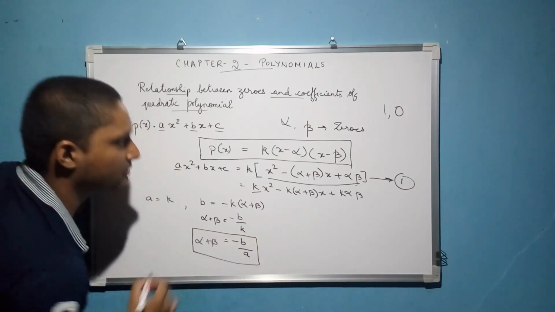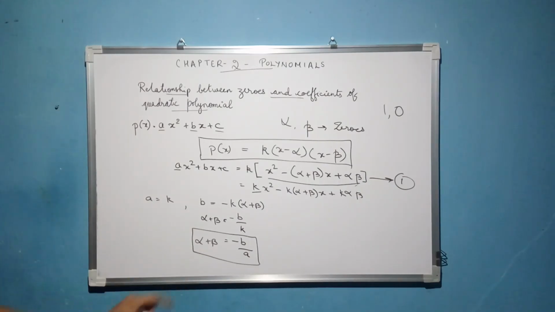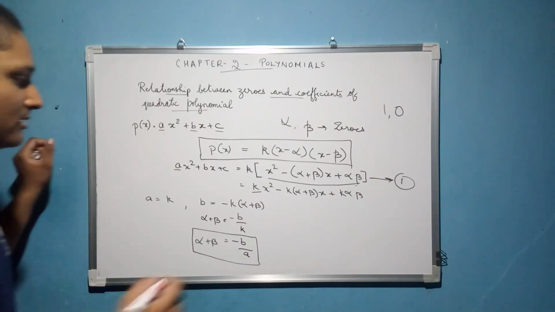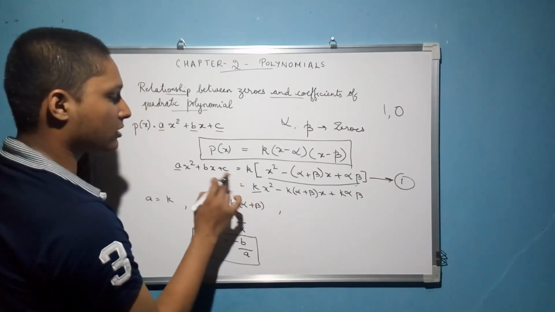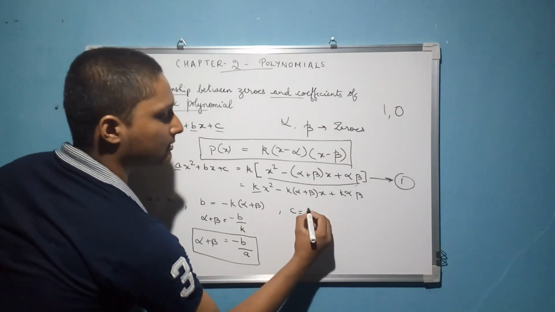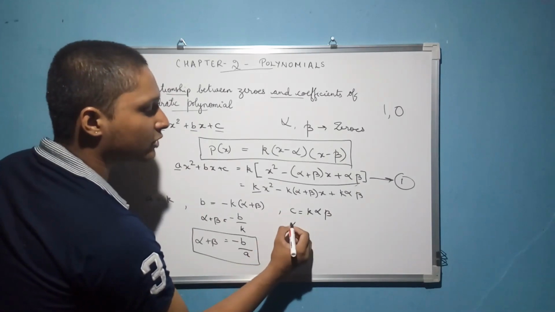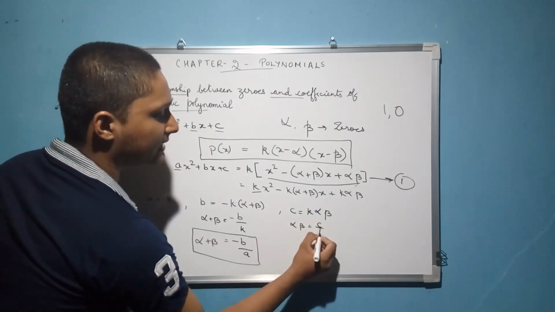This is the first relation, that is between the zeros, that is alpha and beta are the zeros, right? And these two are the coefficients of x and x square. Okay, now you have the constant term left out, that is c is equal to k alpha beta. Bringing this k this side, you can get alpha beta is equal to c by k.